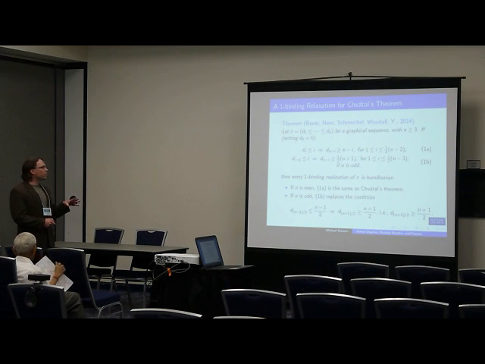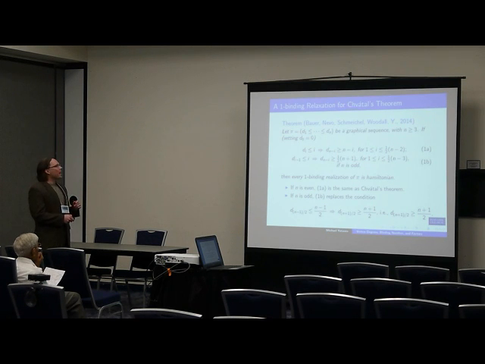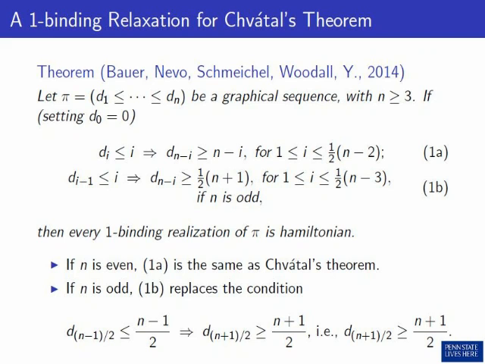If we know the binding number is 1 and we want to impose conditions to guarantee Hamiltonicity, it turns out that the first set of conditions here look exactly like the conditions for Chvátal's theorem. And then we have this additional set of implications to check if n is odd. And if all of these collectively are true, then every 1 binding realization of pi is Hamiltonian.